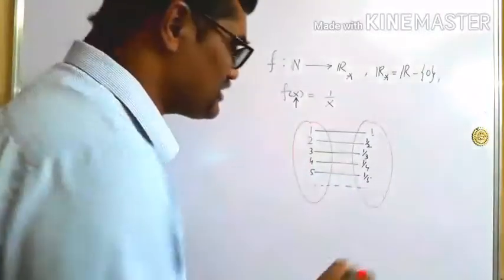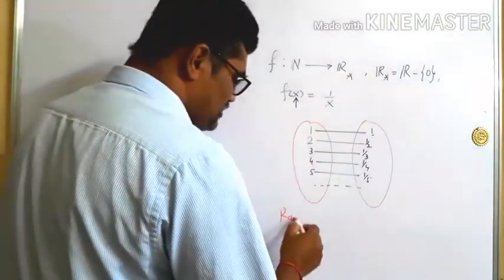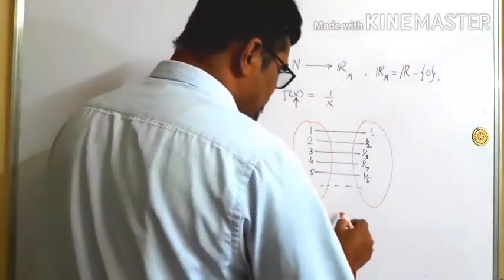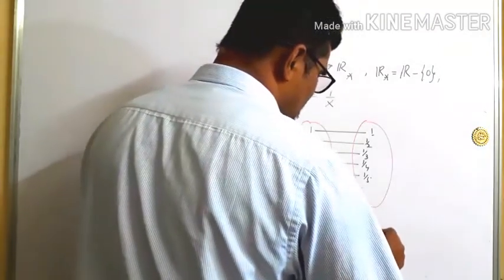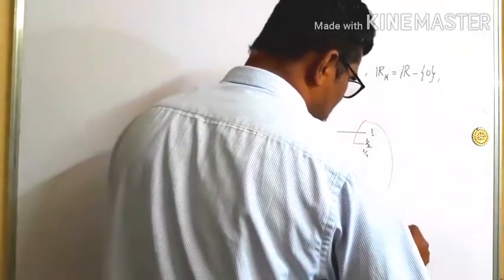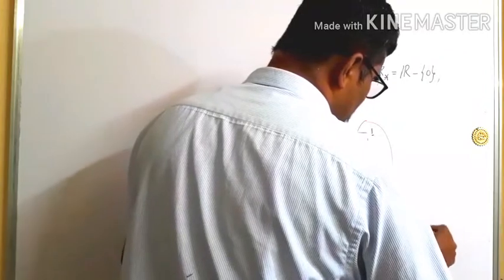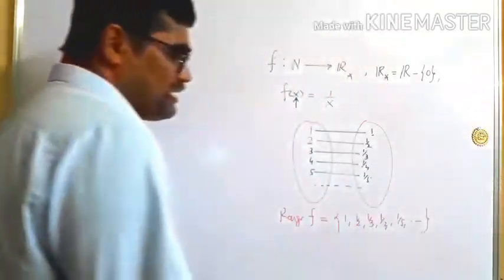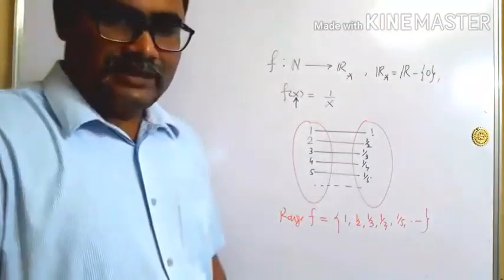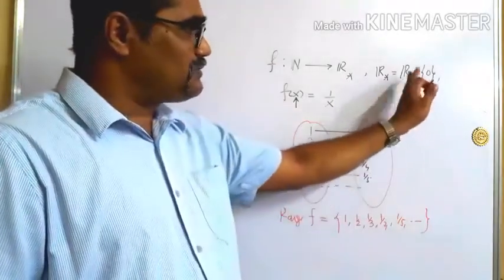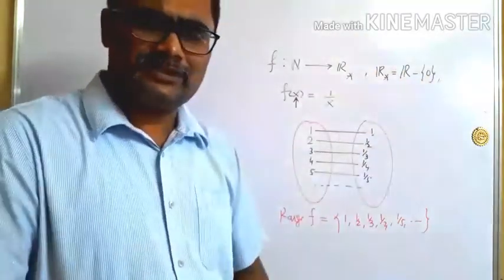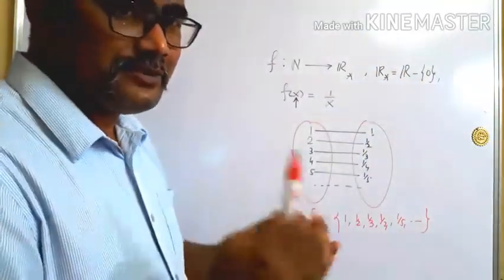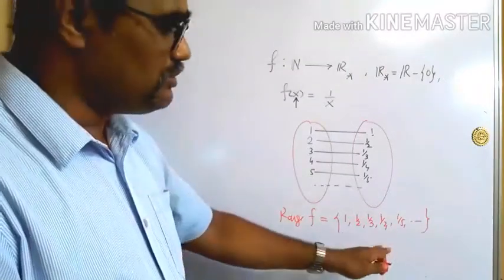So what will be the range of f? It will be 1, half, 1 by 3, 1 by 4, 1 by 5, like that you go on, right? And the codomain will be the right hand side set, whatever is there. Now just tell me, can it be written a little better?